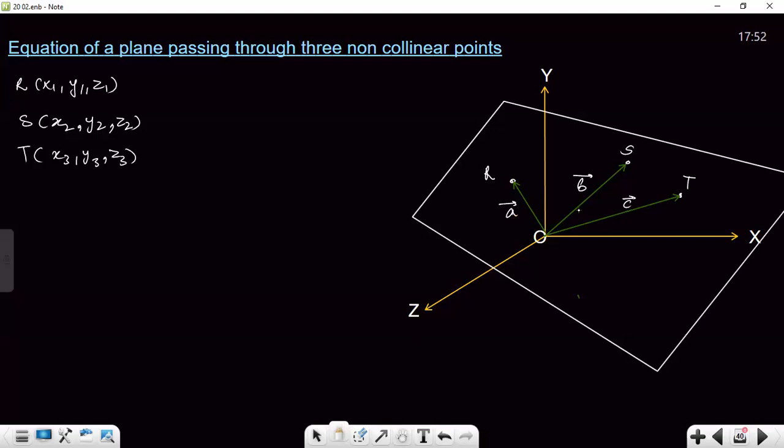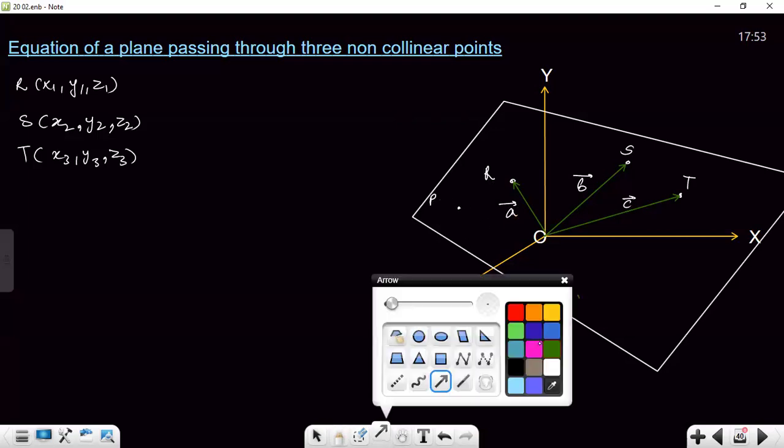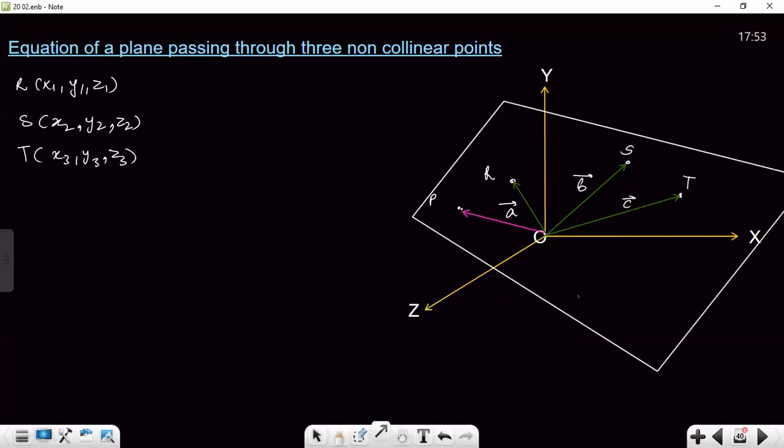Let me also take a random point on the plane, a general point. Where should I take it? There is space here only. This is a random general point on the plane, and whenever we draw the random general point, its position vector is R vector.